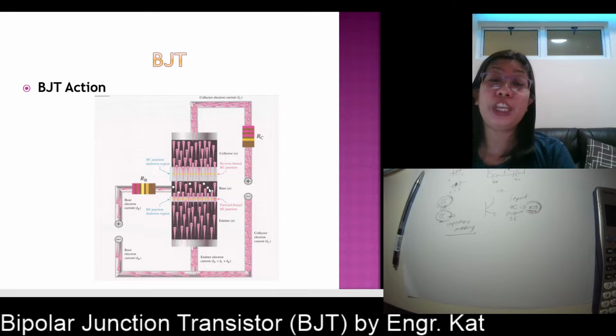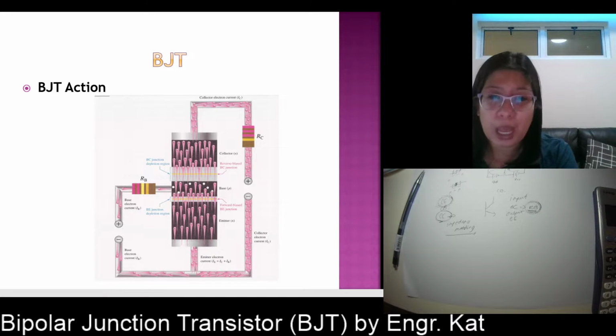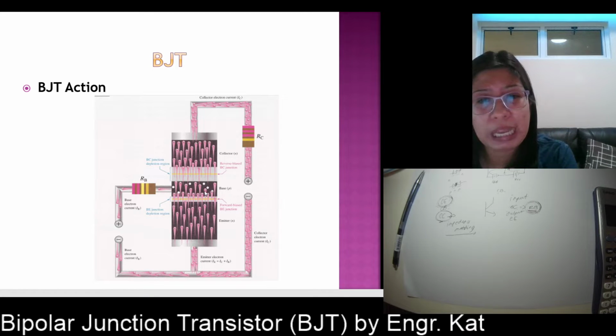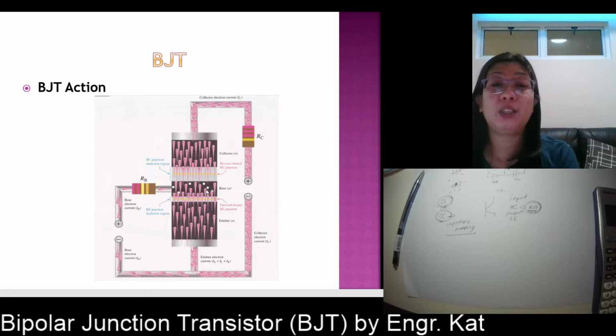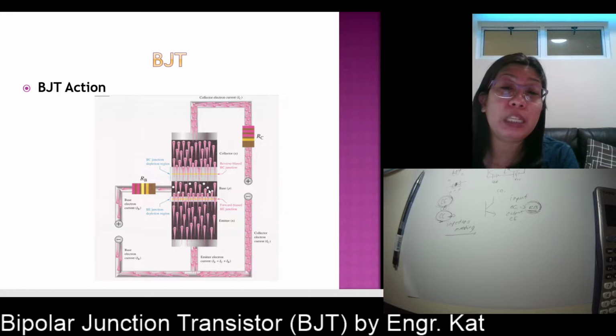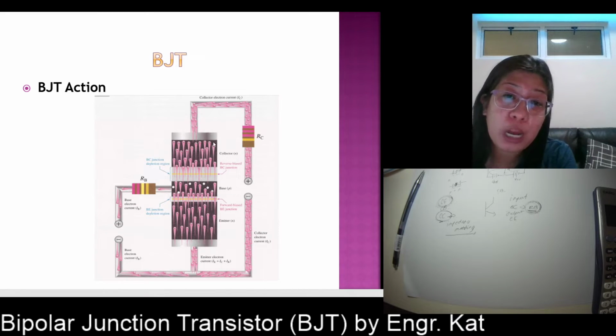The minority carriers are the ones which can pass from the base to the collector. What is the minority carrier at the base? Since this is P-type, the minority carriers are the electrons. So the electrons, being the minority carriers now, can pass through to the collector.